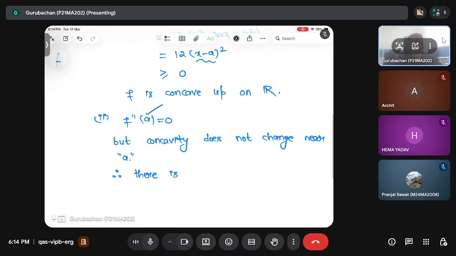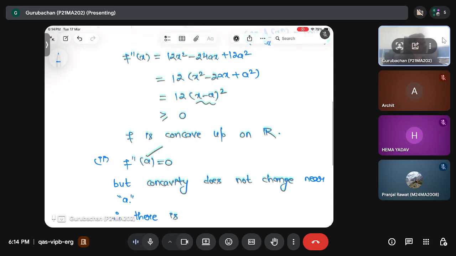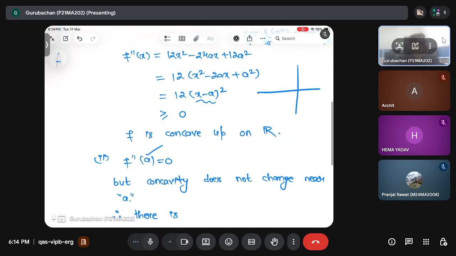But since the concavity remains unchanged, if you observe on a number line with a point a, before this a the double derivative is positive, after this a it is positive, and at this a it is 0. But concavity is remaining the same. Before a it is concave up, and after a it is also concave up.